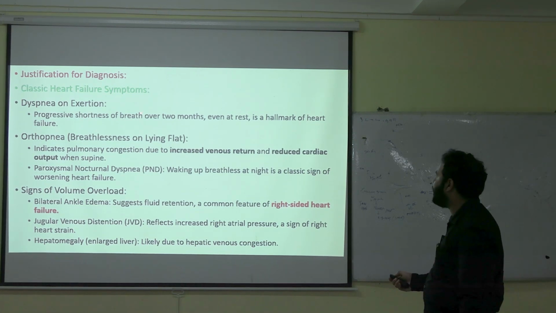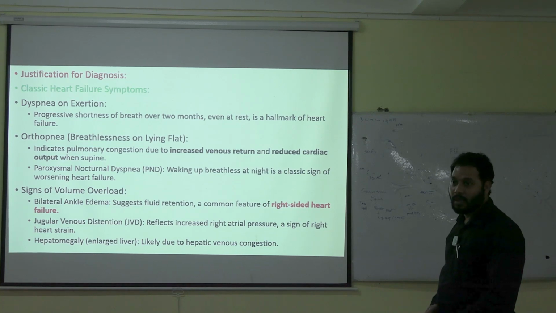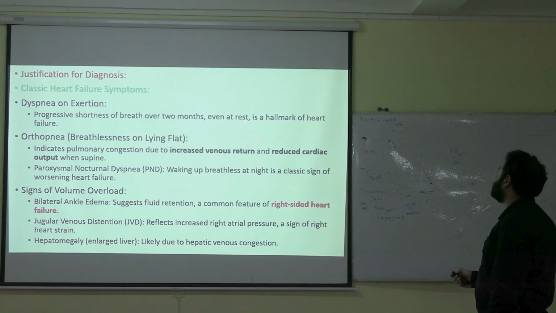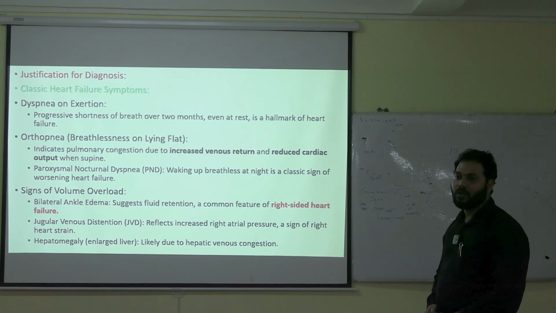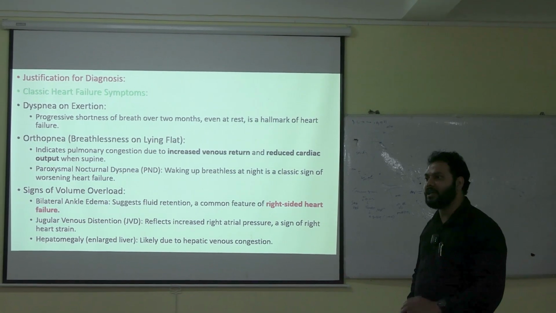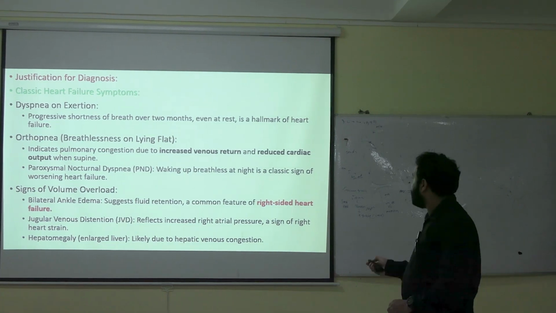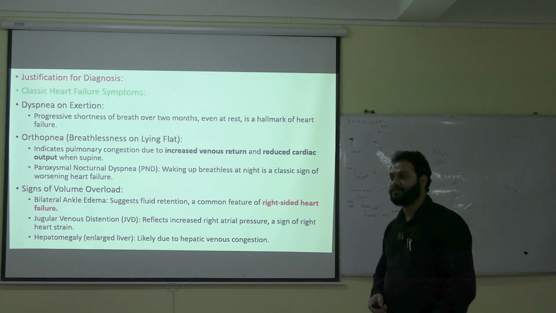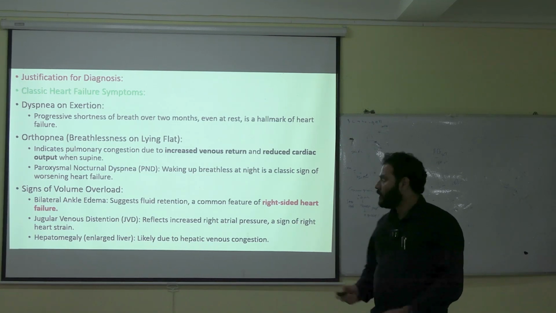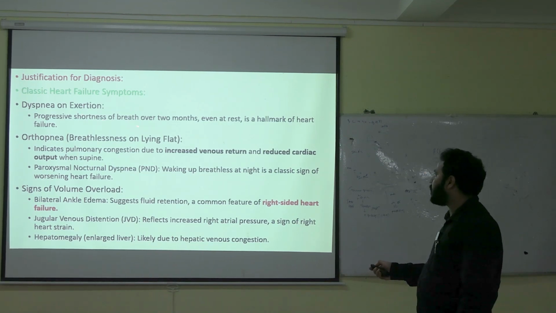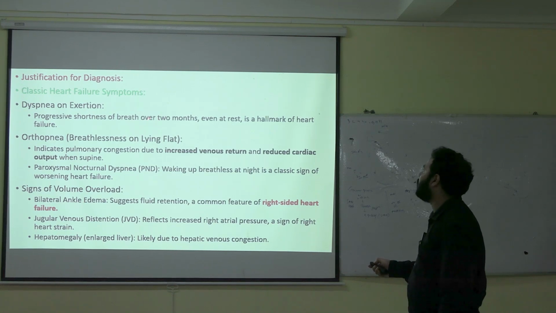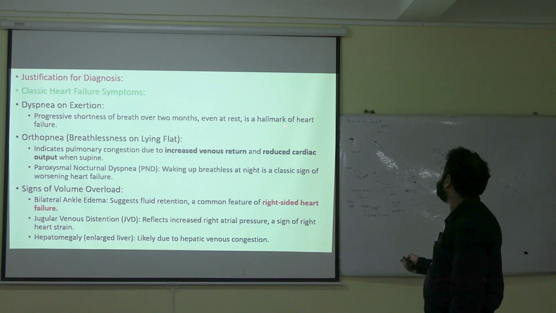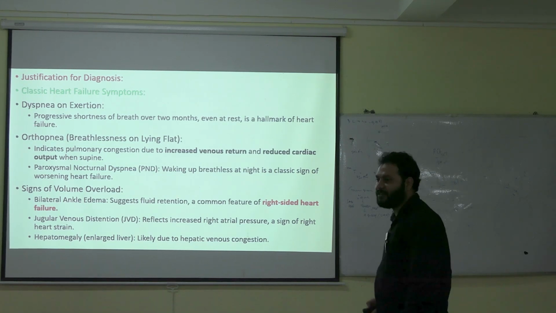Progressive shortness of breath over 2 months, and this was observed even at rest. So this information was given in the case, right? Which acts as a hallmark of heart failure. Clear? This progressive shortness of breath over a period of time is a hallmark of heart failure.